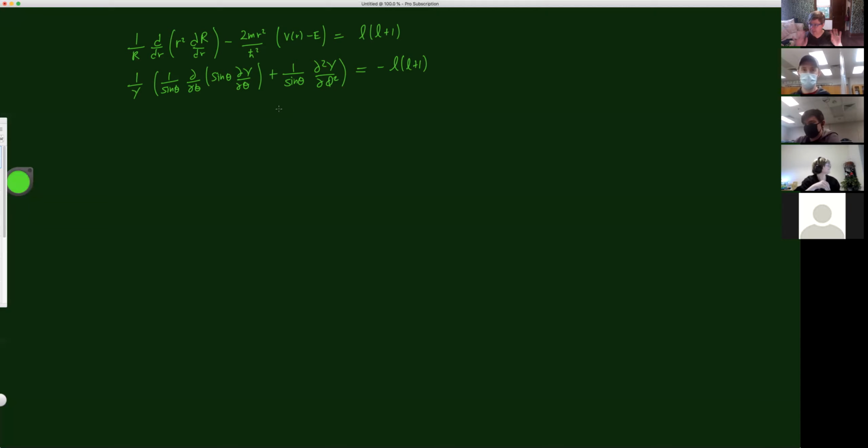So in the case where V only depends on r, the equation for Y doesn't care what system it is. It doesn't care because V tells you what system it is. Is it a hydrogen atom? Is it a particle in a spherical box? Is it a 3D spherical harmonic oscillator?